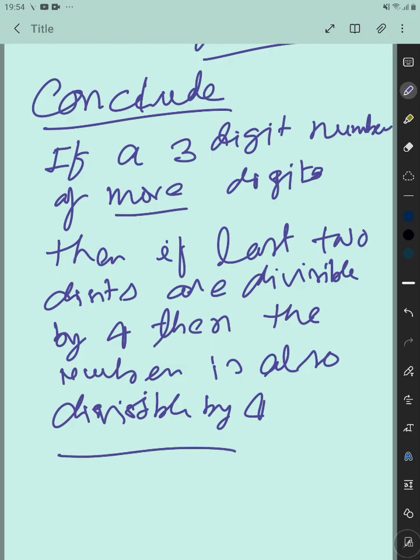I hope the sentence is okay. If not, you can correct it. So this is the divisibility of 4.